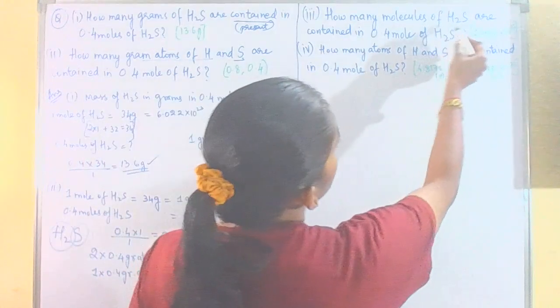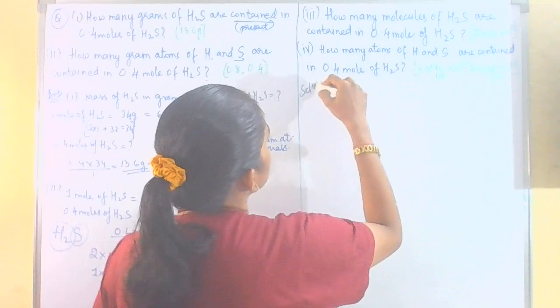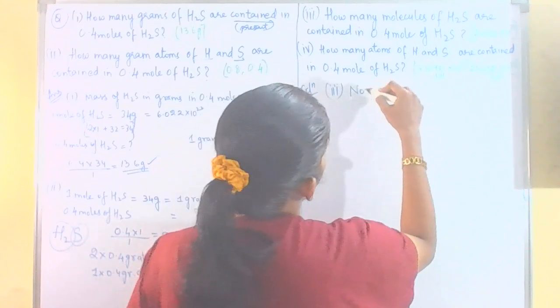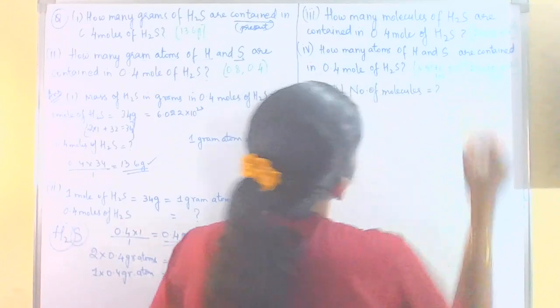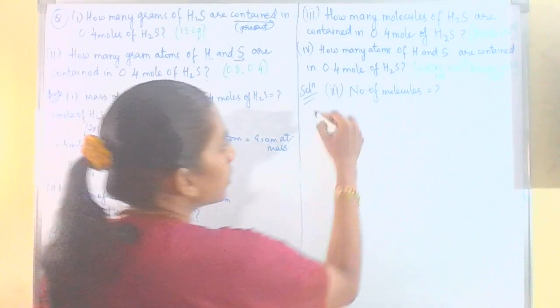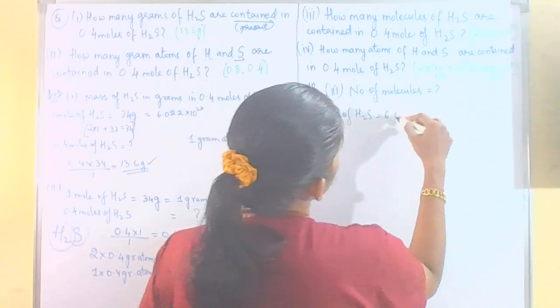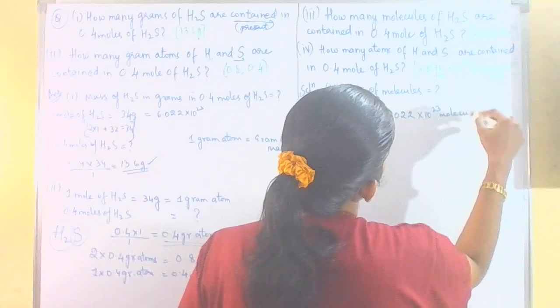How many molecules of H2S are present in 0.4 moles of H2S? They have asked us to calculate the number of molecules. In 1 mole of H2S, we have 6.022 into 10 to the power 23 molecules. Right.